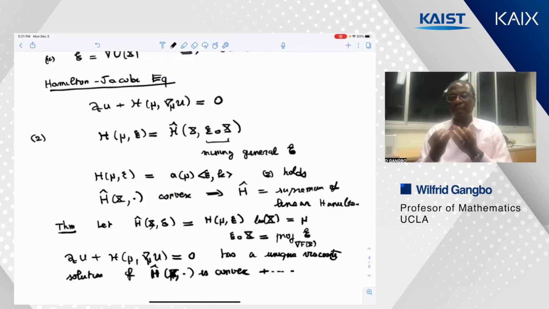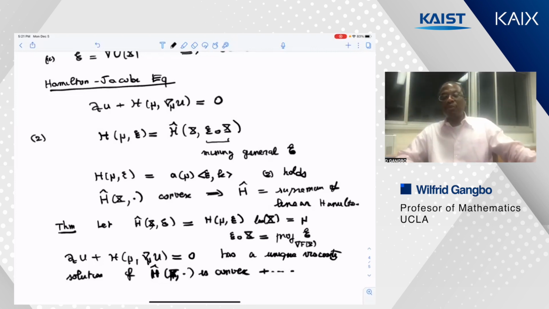If instead of linear, it is convex in the momentum variable, I can exploit the fact that a convex function is a supremum of affine functions to conclude that my Hamilton-Jacobi equation has a unique solution. And of course, I am not telling you what the standard conditions on the Hilbert space are, but these are well-known conditions which, when you apply them, you can solve uniquely your equation.